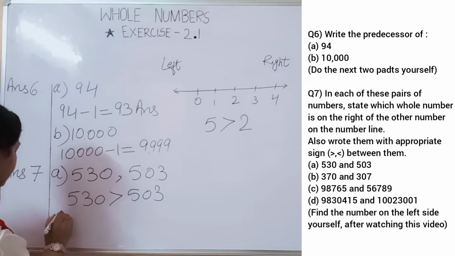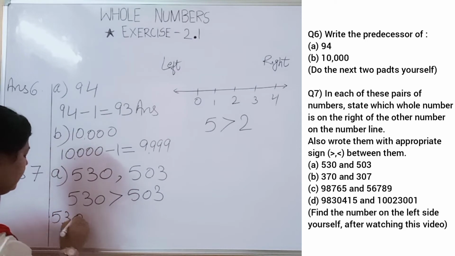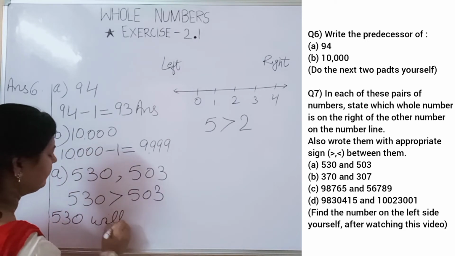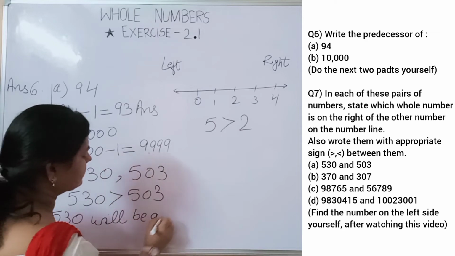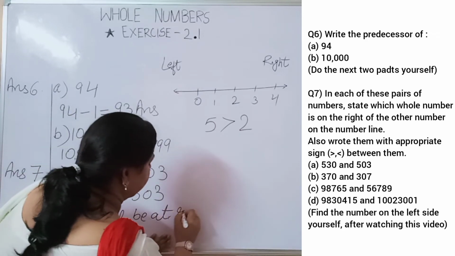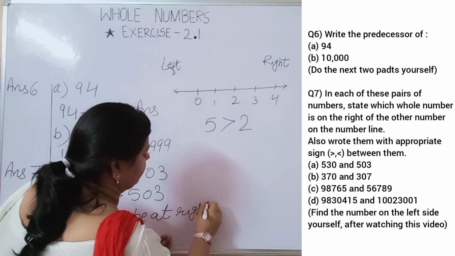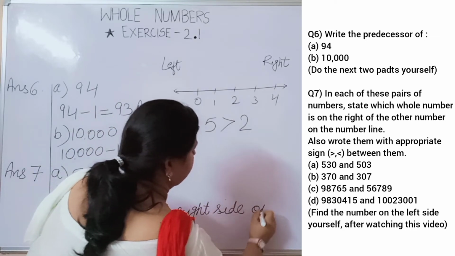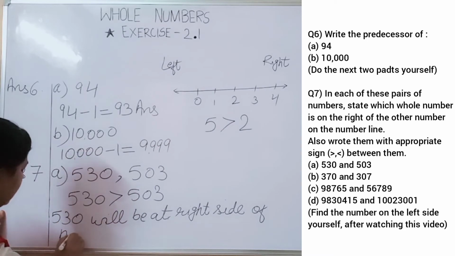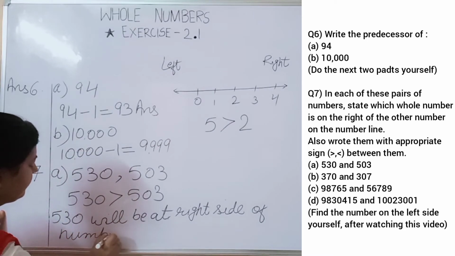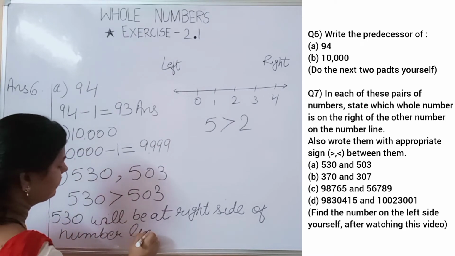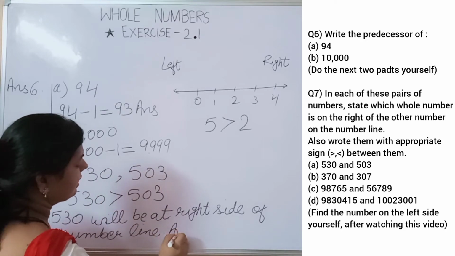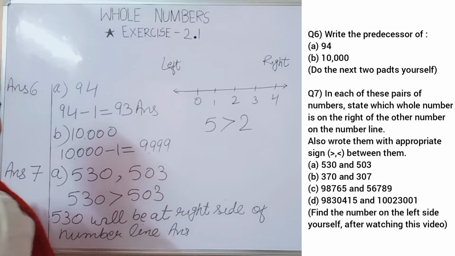It means 530 will be at the right side of the number line. And this is your answer. And these are the steps to solve this question.